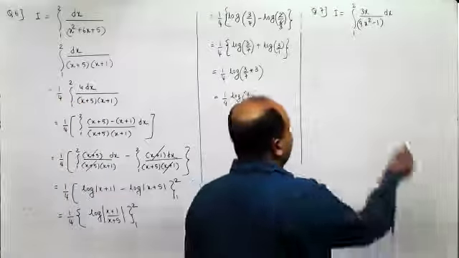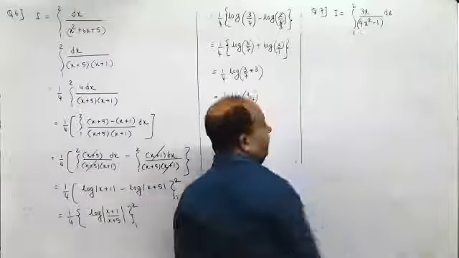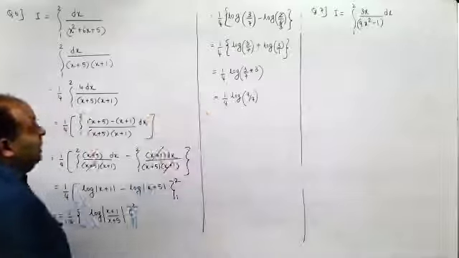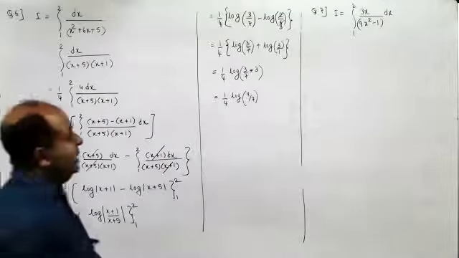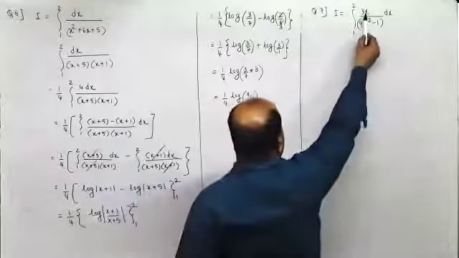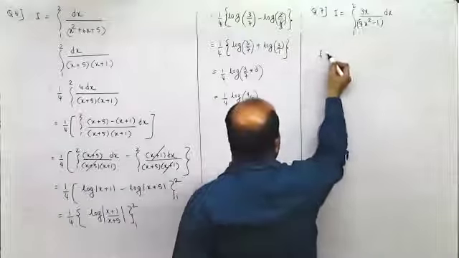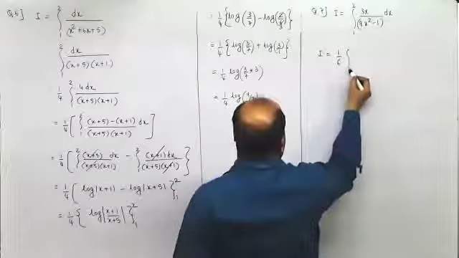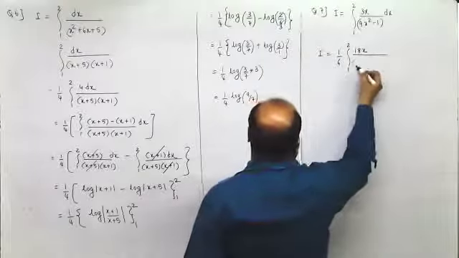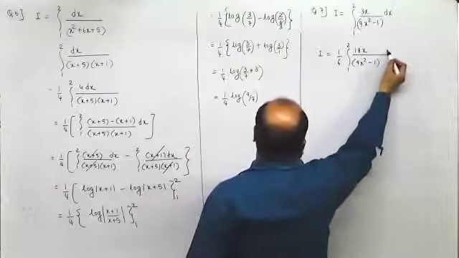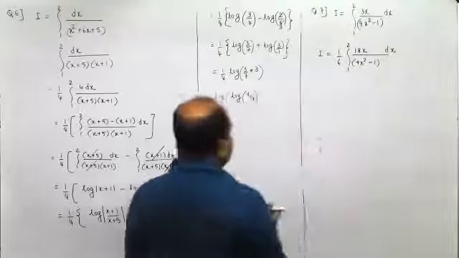Next, 3x upon 9x square minus 1. Now, if you observe here, linear upon quadratic. If it is linear upon quadratic, we'll try to get the derivative of the denominator in the numerator. Derivative of the denominator is 18x. So just multiply and divide with 6. Now this is f dash x, this is f of x.